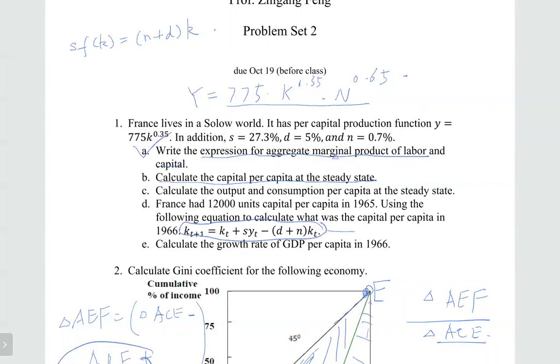Because in the steady state, what happens? In steady state, K_t equals K_{t+1}, which implies S times Y equals D plus N times K, or this here.